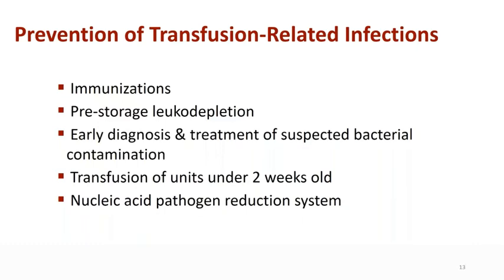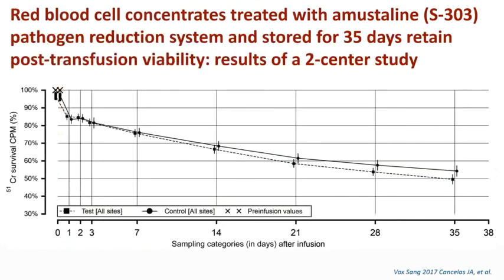In general, the units that are younger are safer to use in terms of infection rate, and hopefully in the near future, nucleic acid pathogen reduction systems will become universal. These techniques, such as illustrated in this slide, really inactivate all infections within a unit by going after the nucleic acid, and are very effective in sterilizing the units.